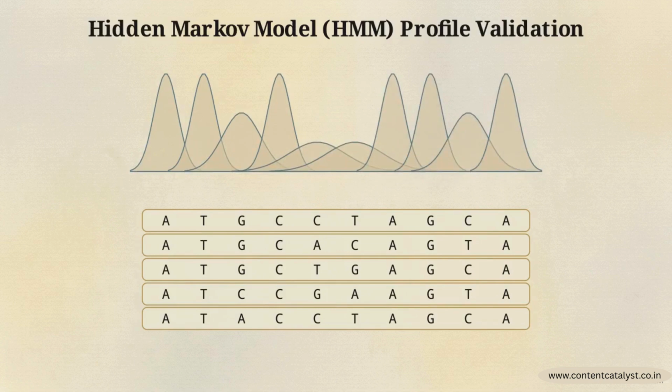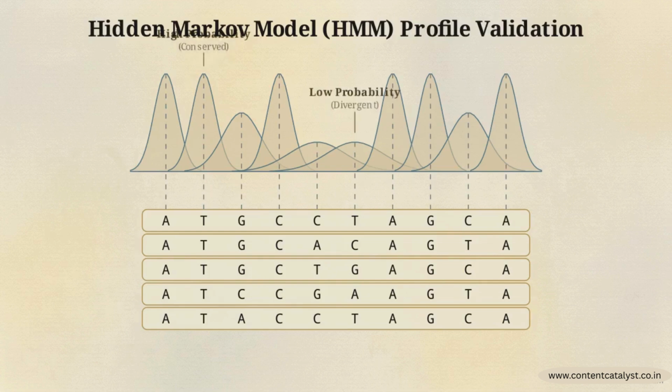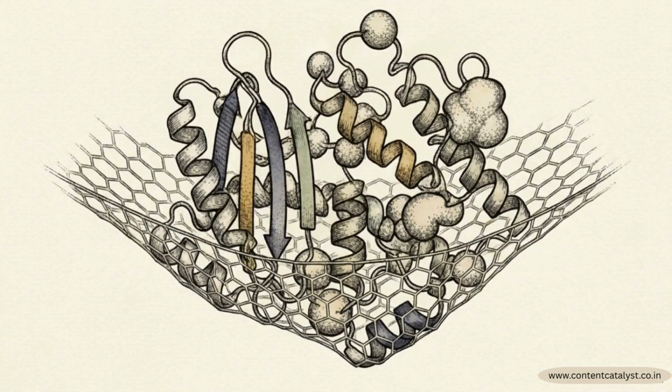HMMs are probabilistic models that overlay the progressive alignment. They calculate the strict statistical likelihood of specific biological sequences aligning at specific positions. These profiles act as a mathematical safety net, ensuring high structural precision even when interpreting complex evolutionary divergences.